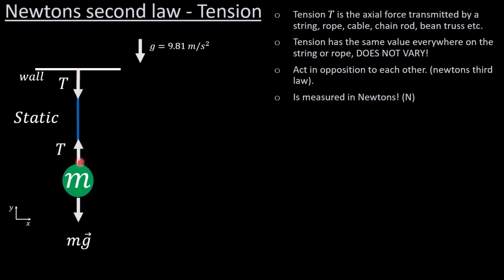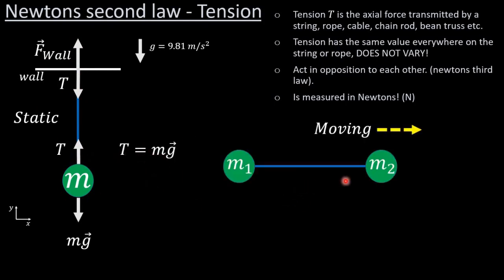Because I've drawn this in this direction, this tension force is going to be acting in that direction. That must mean that the wall would also be exerting a force on this whole system down here in the opposite direction to keep all of it stationary. So that force from the wall is equal to the tension in the rope, assuming that the mass of the rope is negligible. So we would say the tension equals mg.